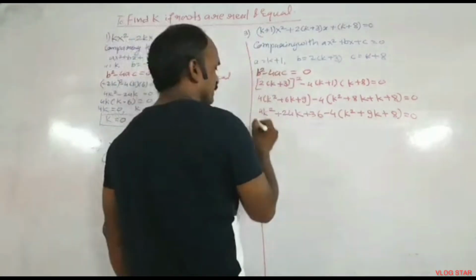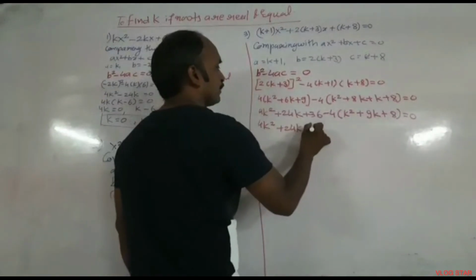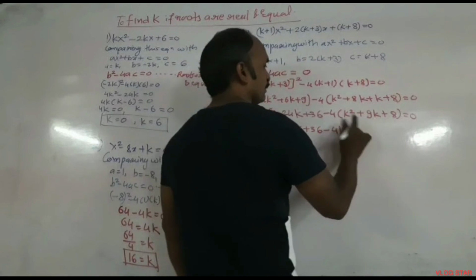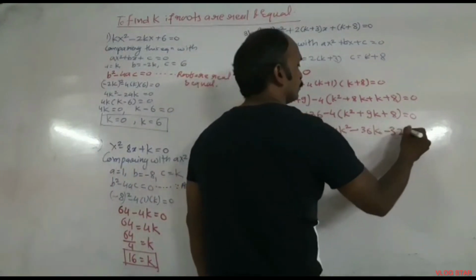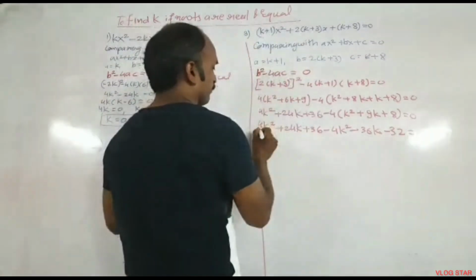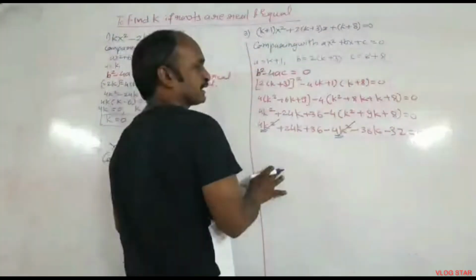Simplify this. 4k square plus 24k plus 36 minus 4k square, 4 nines are 36k, 4 eights are 32 is equal to 0. We can see here we have plus 4k square minus 4k square. These two will get cancelled.